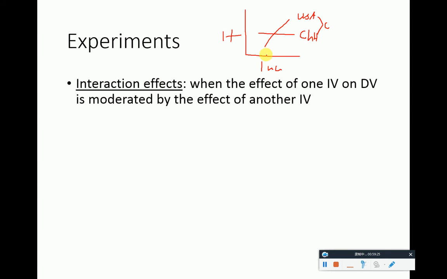So in USA, there's a positive effect of income on happiness. As people make more money, they're more happy. But in China, this effect is absent. Regardless of how much money you make, very little or a lot, your happiness score does not change. So this is exactly what we mean by interaction effects. In other words, income and country, these two factors, interact to impact a person's happiness.